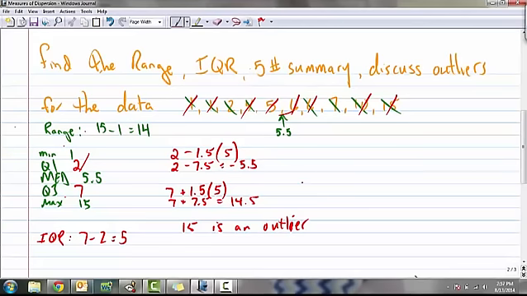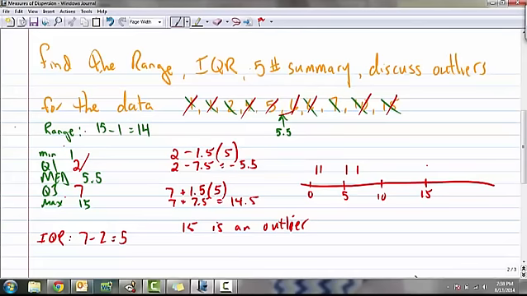Our box and whisker plot would look like this. We do a number line. Establish a reasonable scale. And our minimum is 1. Our Q1 is 2. Our median is 5.5. Our Q3 is 7.